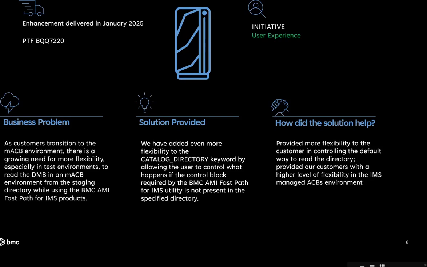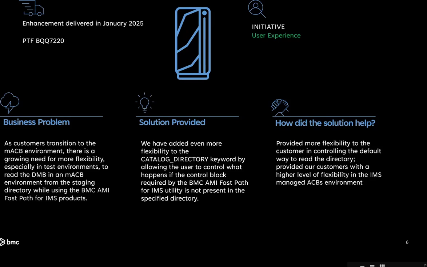Because if you remember, in the traditional ACB Lib environment, the customers really had a lot of flexibility in terms of how they could use the ACB Lib. Not so much in the IMS managed ACB environment. You have only two directories, staging and active, to work out of. So what our customers have been constantly telling us is, we are losing that flexibility. Can you do something?